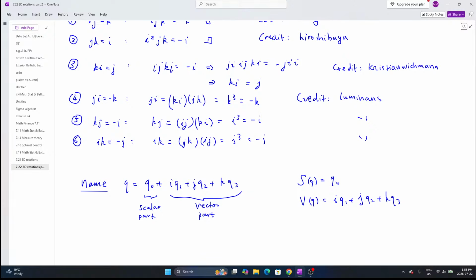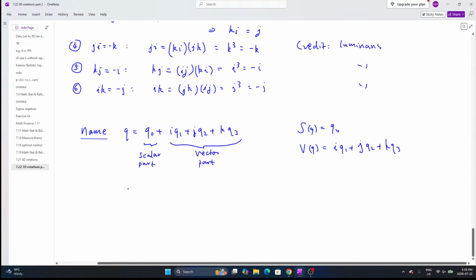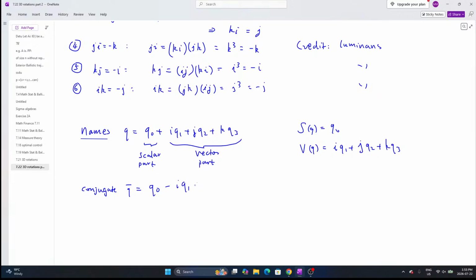And just like in a complex number, you can define a conjugate. Q bar is q0 minus i q1, exactly the same as in the complex conjugate, minus j q2 minus k q3.